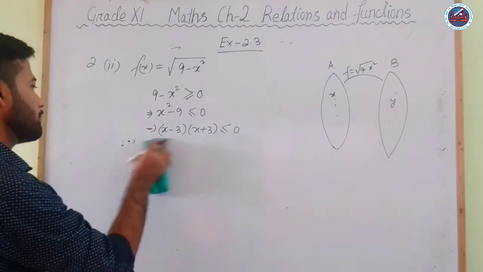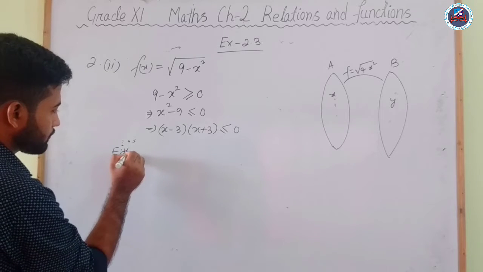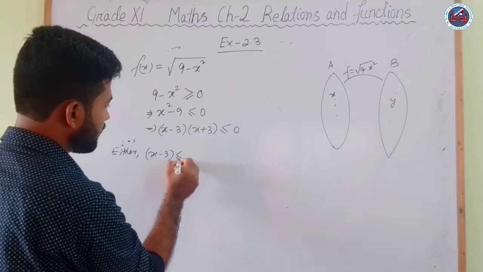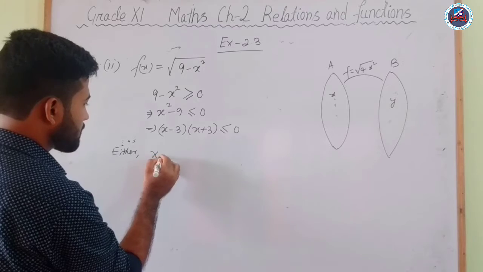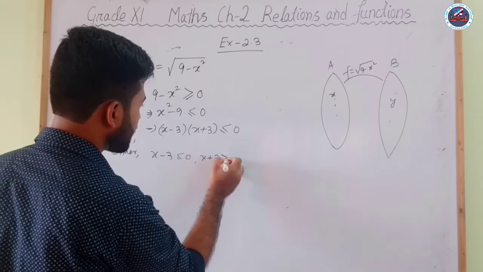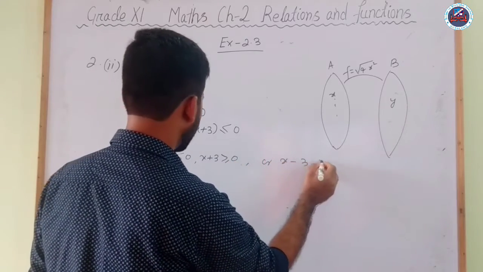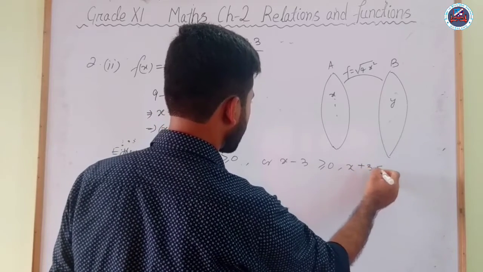So we shall be arriving with two conclusions. Just write like this: either x minus 3 less than or equal to 0 and x plus 3 greater than or equal to 0, or x minus 3 greater than or equal to 0 and x plus 3 less than or equal to 0.